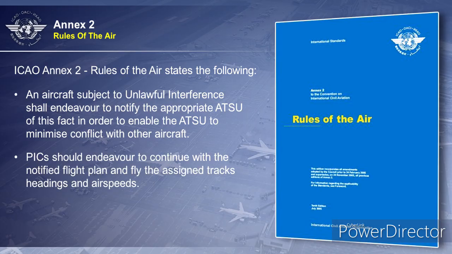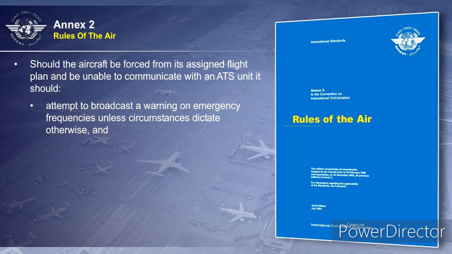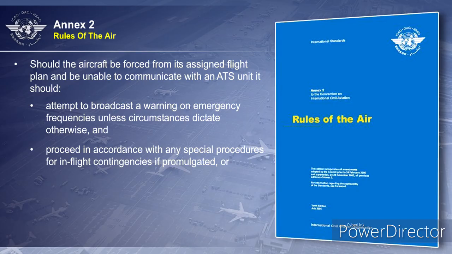Pilots in command should endeavour to continue with the notified flight plan and fly the assigned tracks, headings and airspeeds. Should the aircraft be forced from its assigned flight plan and be unable to communicate with an Air Traffic Service Unit, it should attempt to broadcast a warning on emergency frequencies unless circumstances dictate otherwise, and proceed in accordance with any special procedures for in-flight contingencies where such procedures have been established.